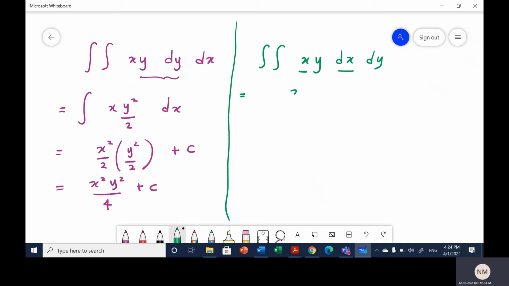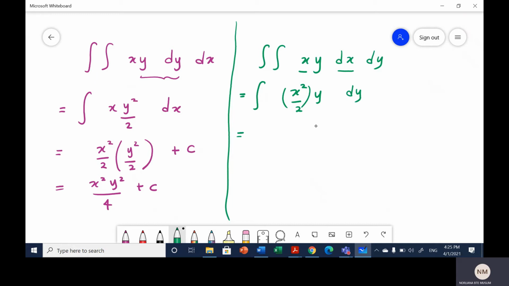The first integration here gives us x squared over 2 times y. This y will be assumed as a constant. This is the starting step when we start integrating with respect to the x variable.